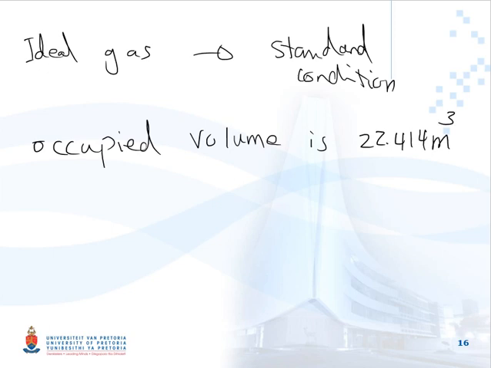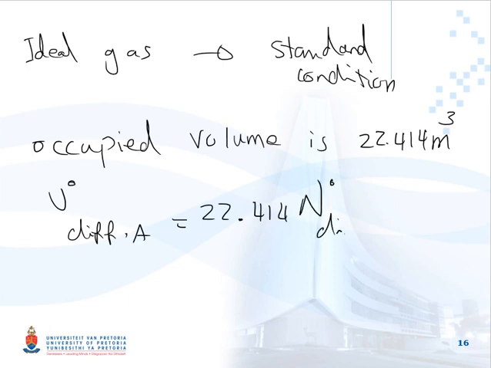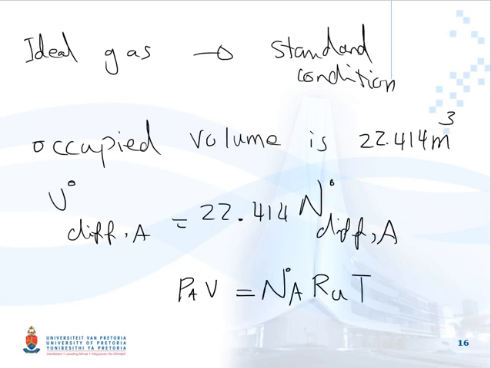And the volume flow rate of the gas through the wall by diffusion can be determined as V dot diffusion A equal to 22.414 N dot diffusion A. How that came: it's from PV equal to N R_u T, because we are speaking about the ideal gas.